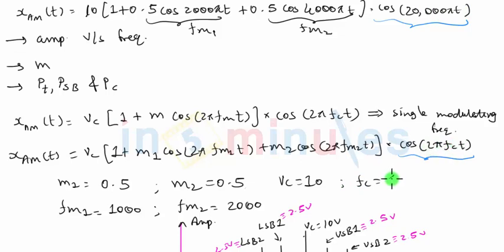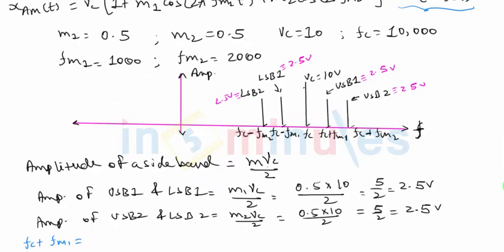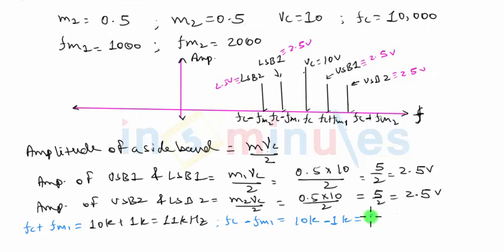So FC will be nothing but 10,000 or 10 kilohertz. So when I write down the frequency components, FC is 10K and FM1 was 1000. So it's 10K plus 1K, which is 11 kilohertz. Similarly, FC minus FM1 will be 10K minus 1K, which will be 9 kilohertz.